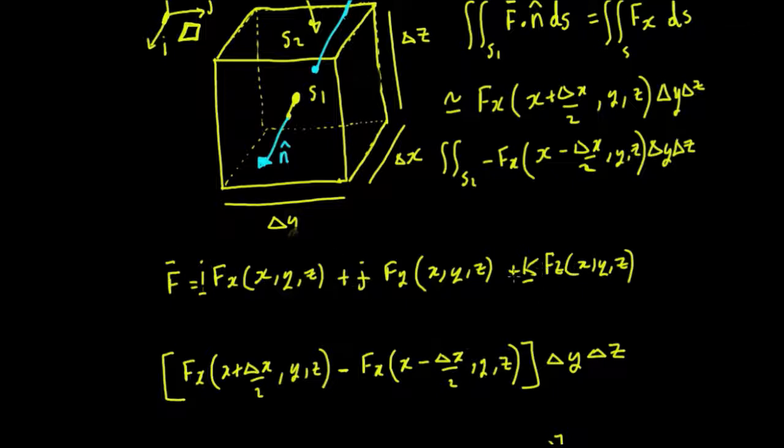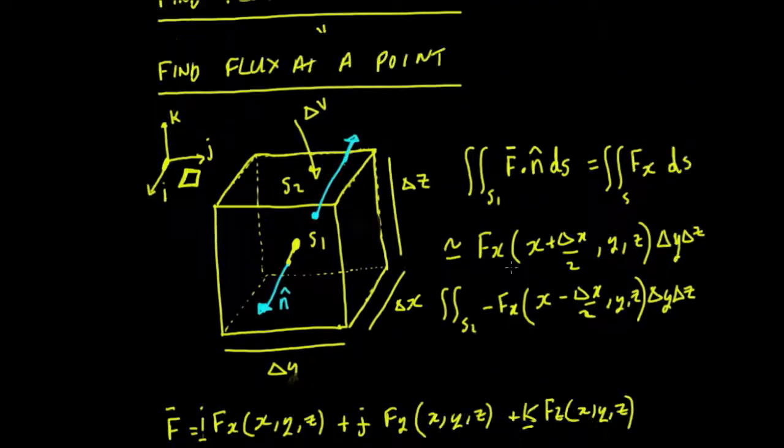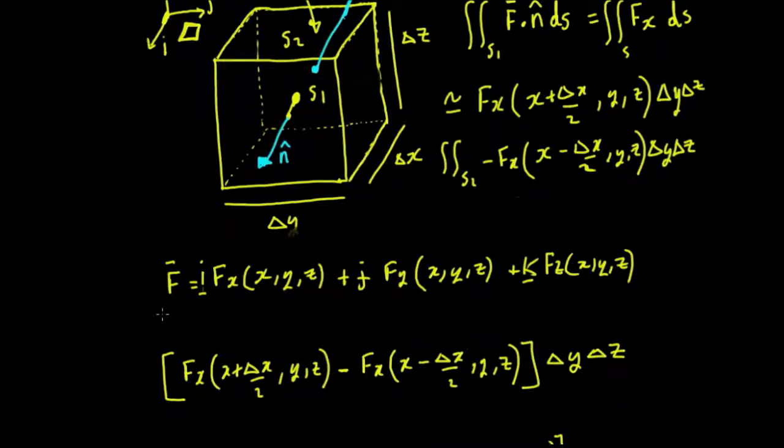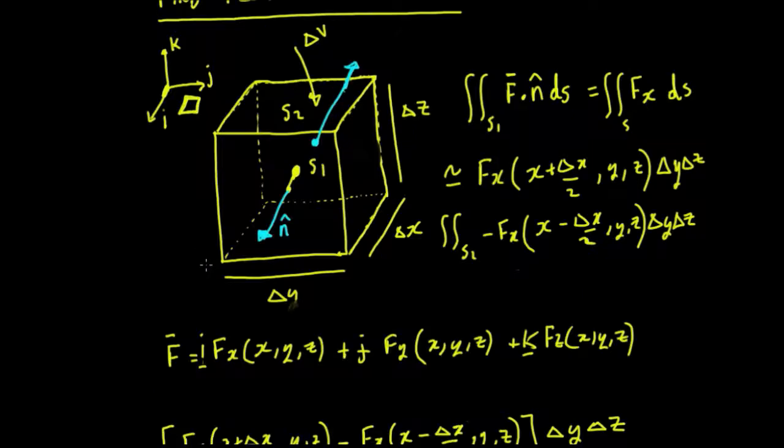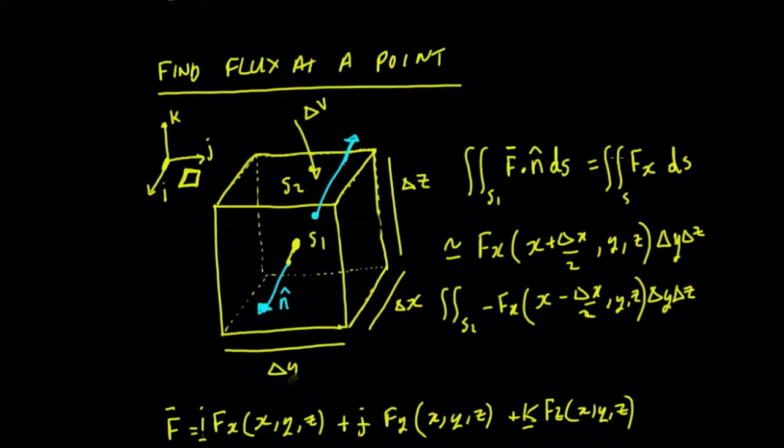When we take the dot product of this vector function with the normal, the normal is just in the positive i direction, so it's the dot product of this with i. So i dot k disappears, i dot j disappears, and i dot i just equals 1, so we're just left with the x component of this vector function. We've drawn that out here, so that's the x component of this vector function.